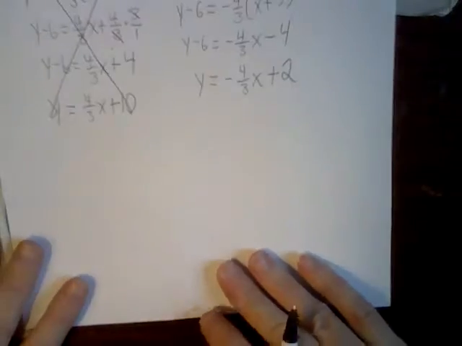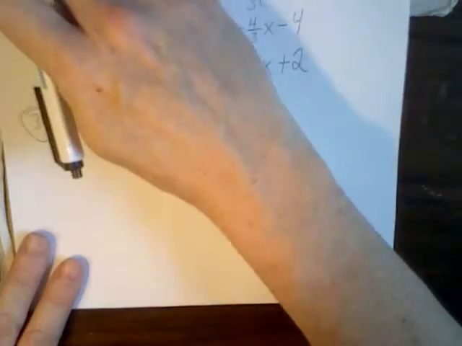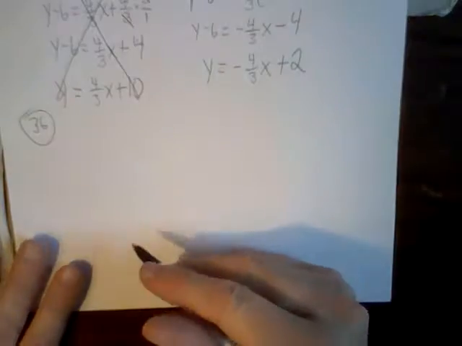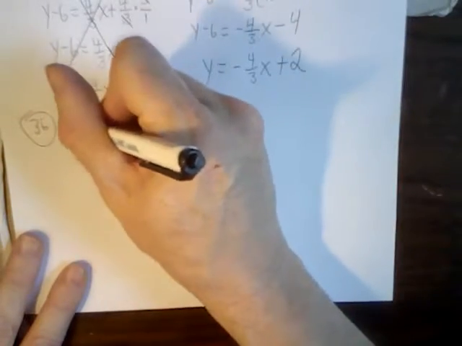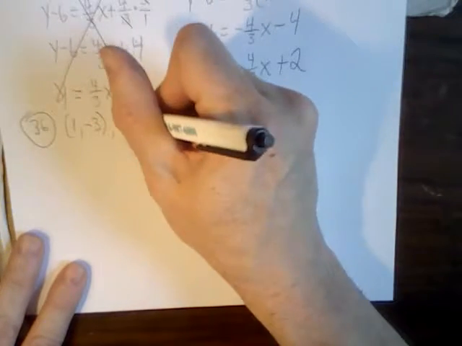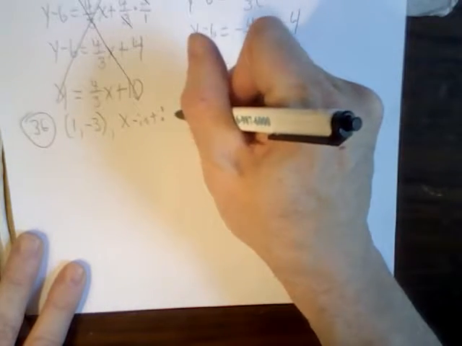Okay, let's look at 36. This is another variation on this theme of giving the student some information and seeing if they can handle getting the equation of a line. So we have 1, negative 3, and they're telling you the x-intercept is negative 1.